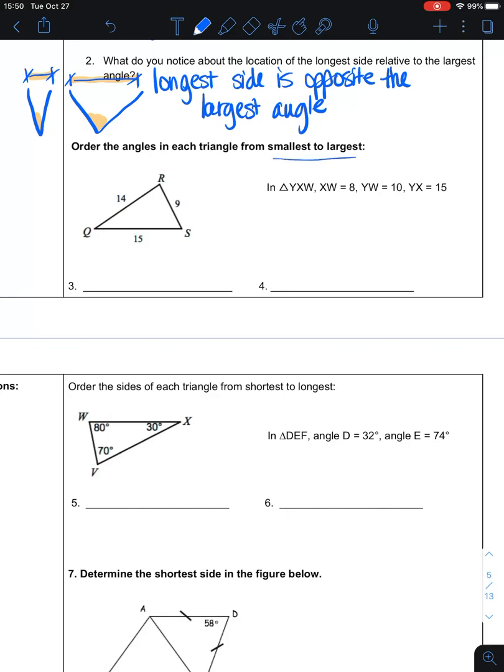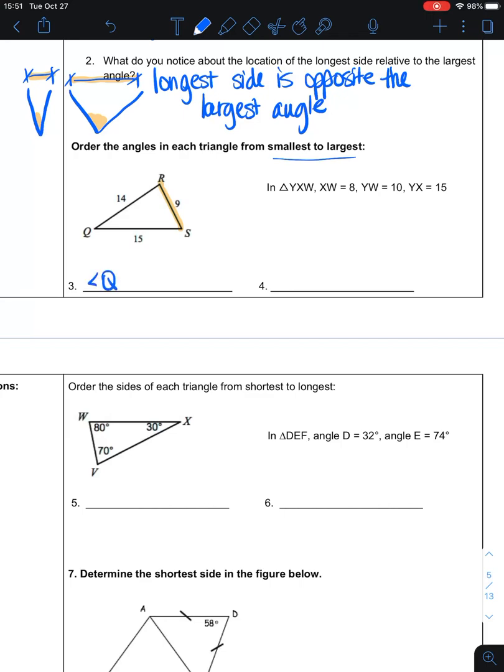So let's use that: order the angles of the triangle from smallest to largest. In order to order the angles, we need to look at the sides. I want the smallest angle first, so I need to look for the smallest side.